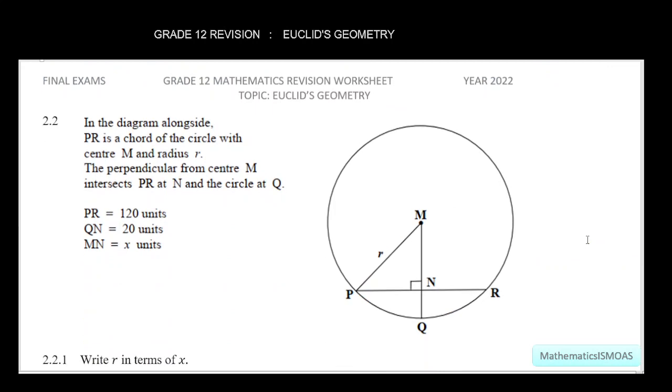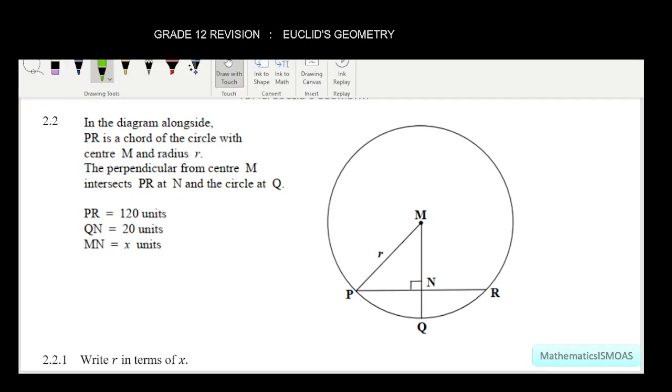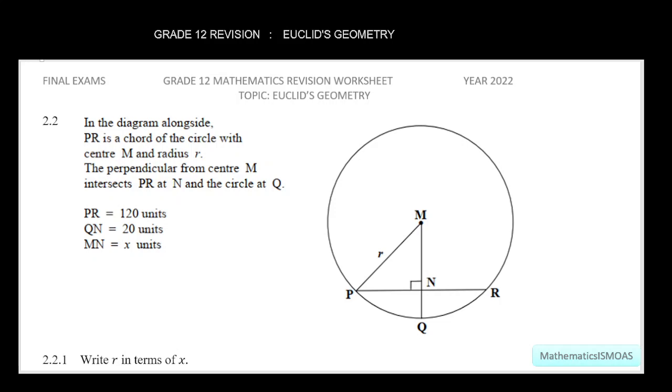Let us now go to question 2.2. In the diagram alongside, PR is a chord of the circle with center M and radius R. So M is the center of our circle.